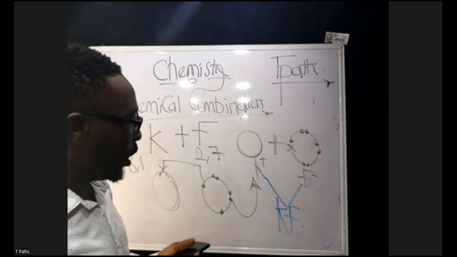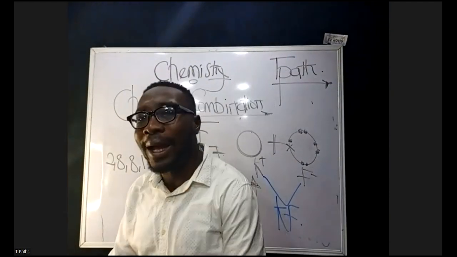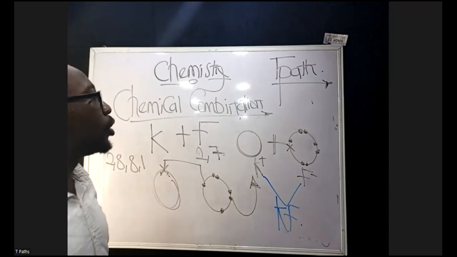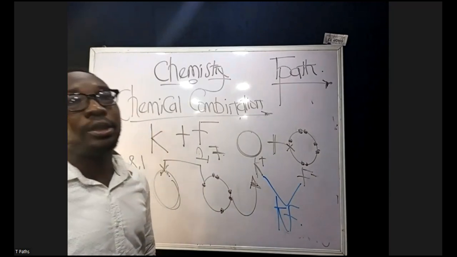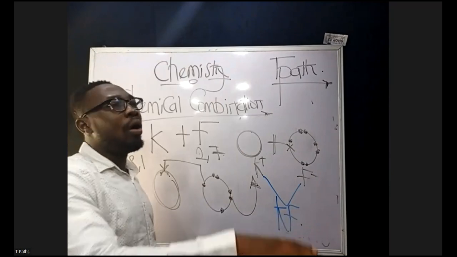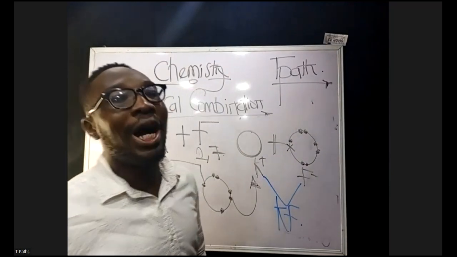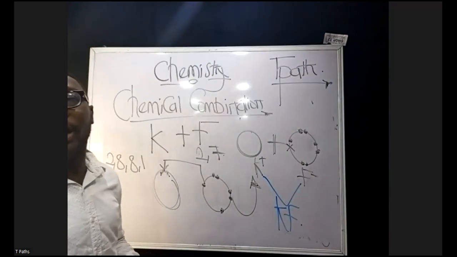Ionic bonding. And we need to understand the basic factors that can affect this bonding. Number one is what we call ionization energy. We need to note that the metal must have low ionization energy, while the non-metal should have high ionization energy. And what do you know of ionization energy?